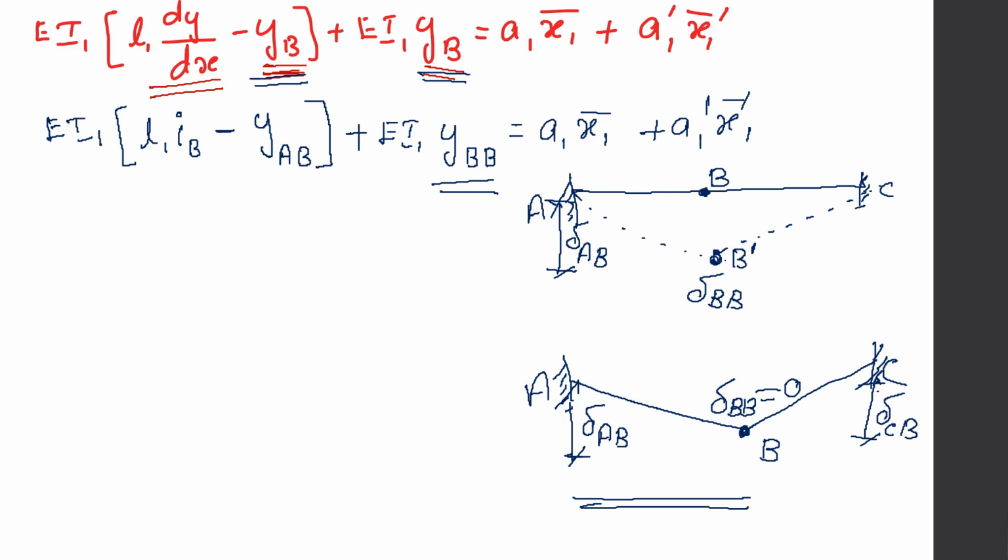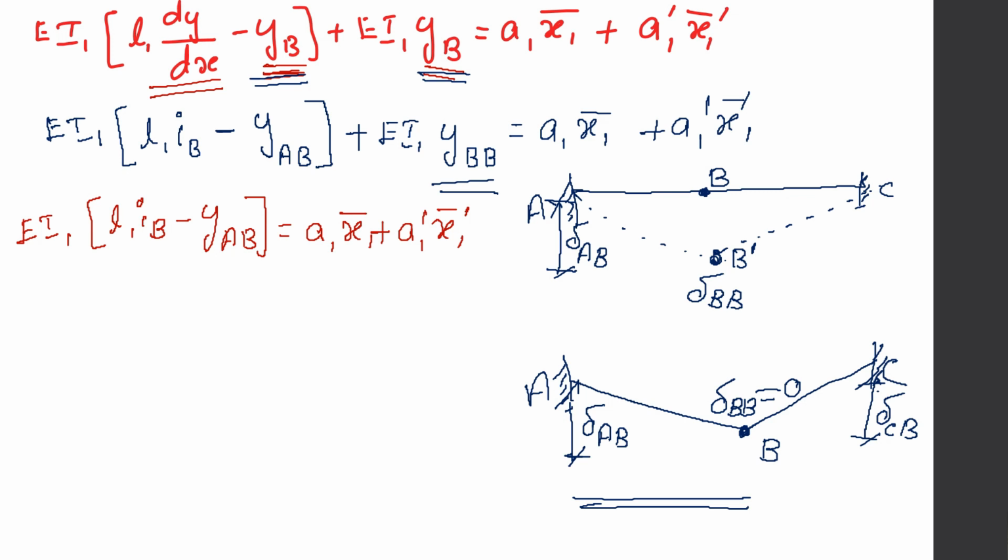So our equation becomes EI1 into L1 into (IB minus YAB) is equal to A1 x1 bar plus A1 dash x1 dash bar.